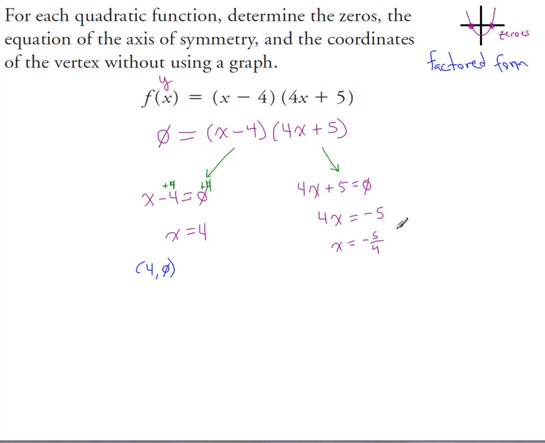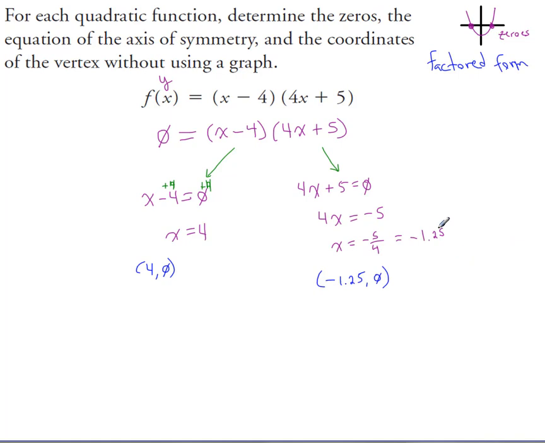Now that's going to equal negative 1.25, right? Negative 5 over 4. So that means our other x-intercept is going to have an x value of negative 1.25 and a y value of 0. So those are my two x-intercepts.